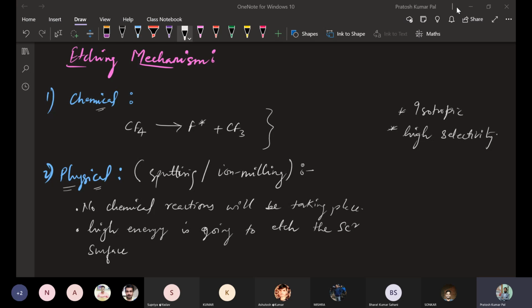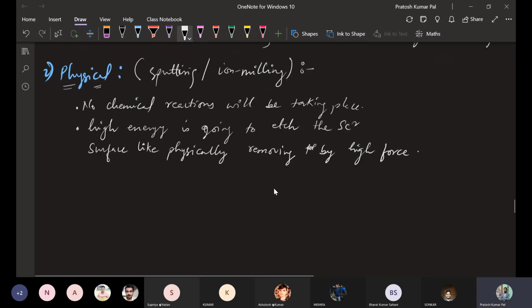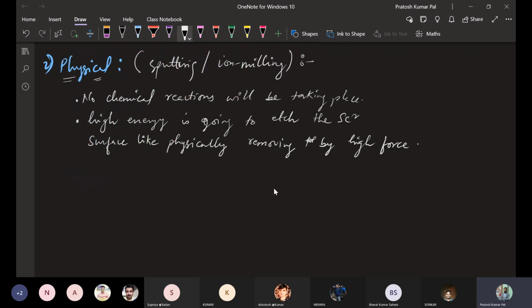We are going to physically remove, physically removing by high force. Okay, so this is the type of mechanism, that is a physical mechanism will be there.